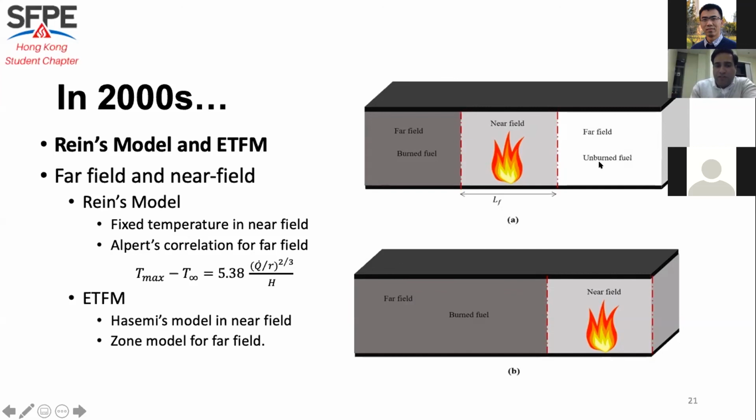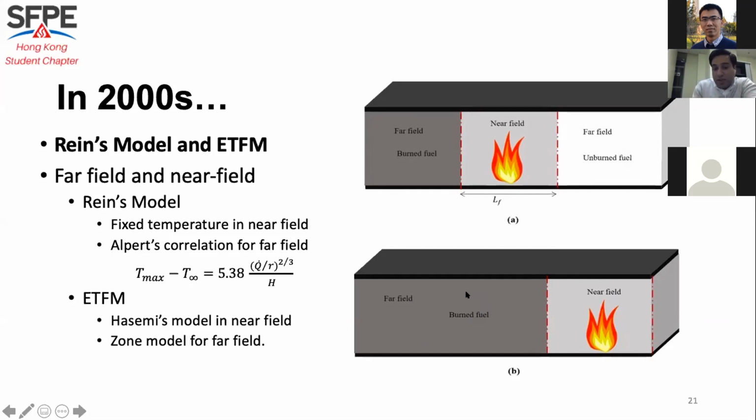For the far field, he suggests using Alpert's correlation, where at each radial distance you can calculate the temperature. This is also a very crude way to calculate temperatures. Another is suggested by, as I said, ETFM.